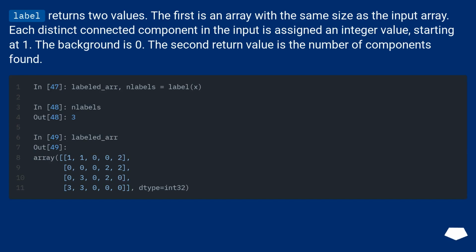The first is an array with the same size as the input array. Each distinct connected component in the input is assigned an integer value, starting at 1. The background is 0. The second return value is the number of components found.